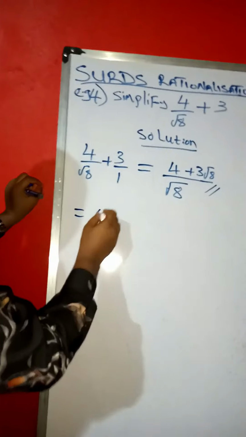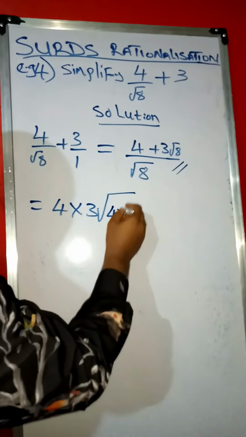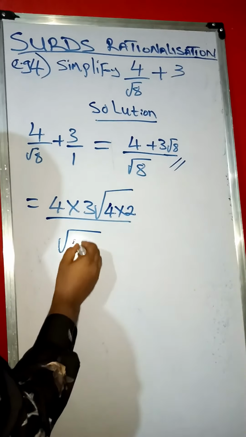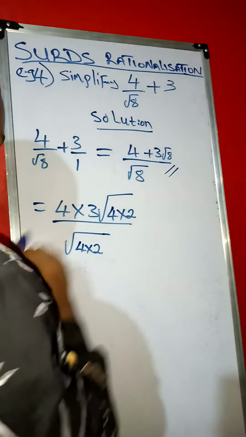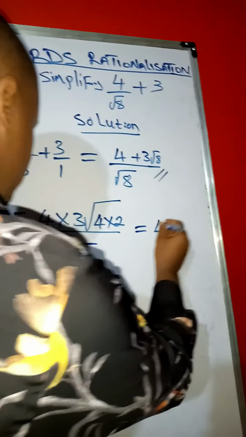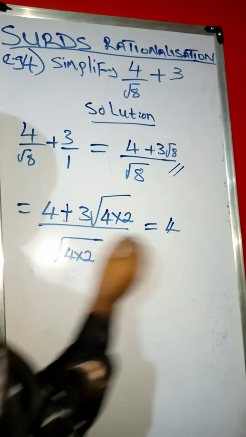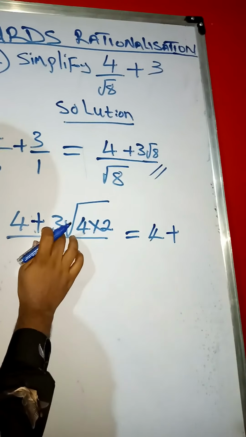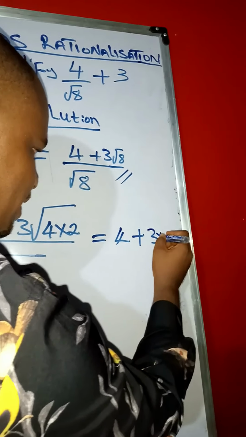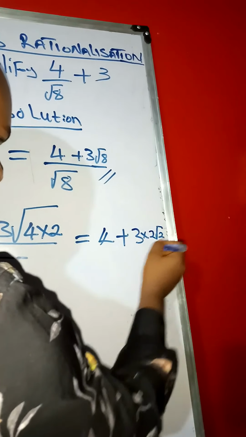This root 8 is the same as 4 times 2. Remember when we did perfect square, 4 is a perfect square. So here I'll have 4, sorry, here is not times, don't forget it is plus. 4 plus, now this 3, square root of 4 is 2. So I'm having 3 times 2, and I'll have root 2 left.